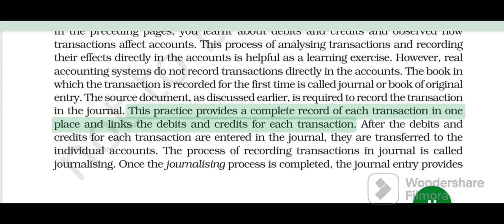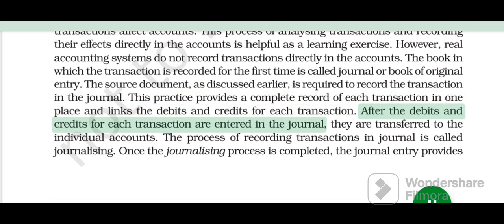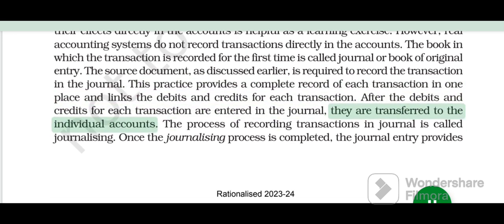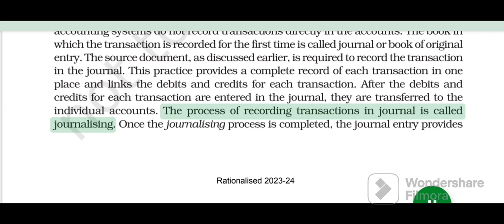This practice provides a complete record of each transaction in one place and links the debits and credits for each transaction. After the debits and credits for each transaction are entered in the journal, they are transferred to the individual accounts. The process of recording transactions in journal is called journalizing.